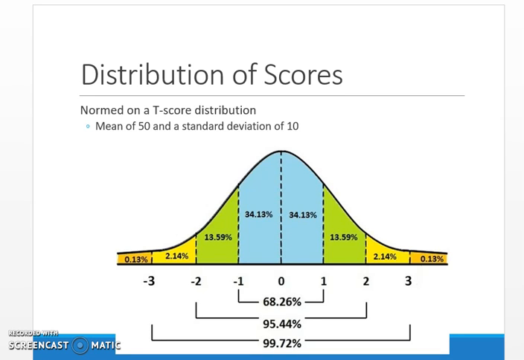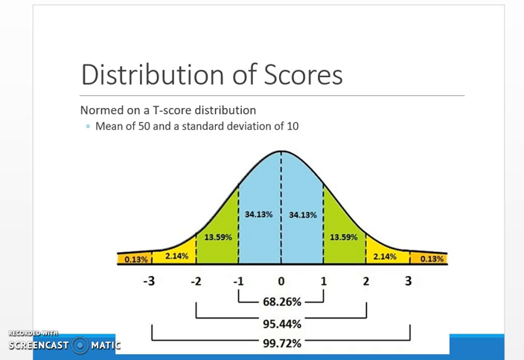So for this assessment, it calculates your scores and distributes them by comparing it to other people and places you basically on this normal distribution. So it basically means this is using a t-distribution. So the mean for this is 50.